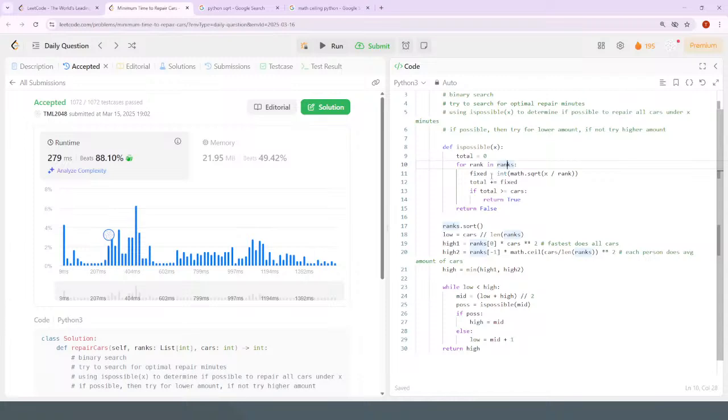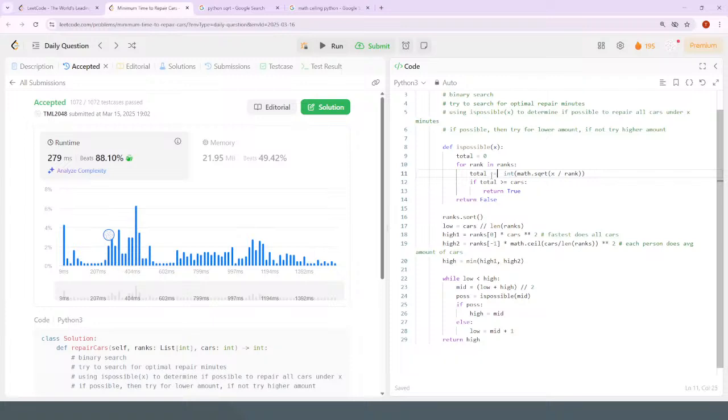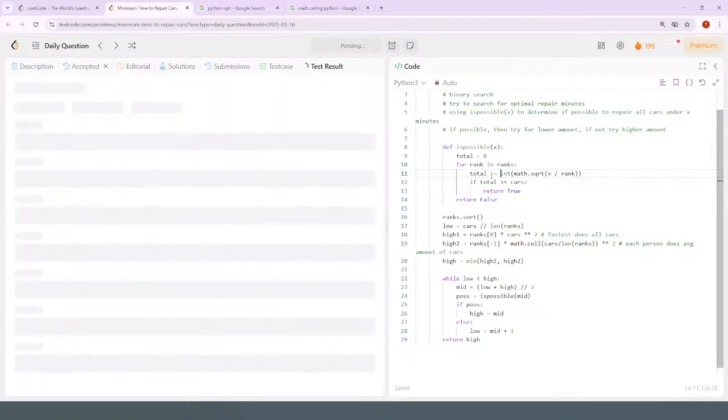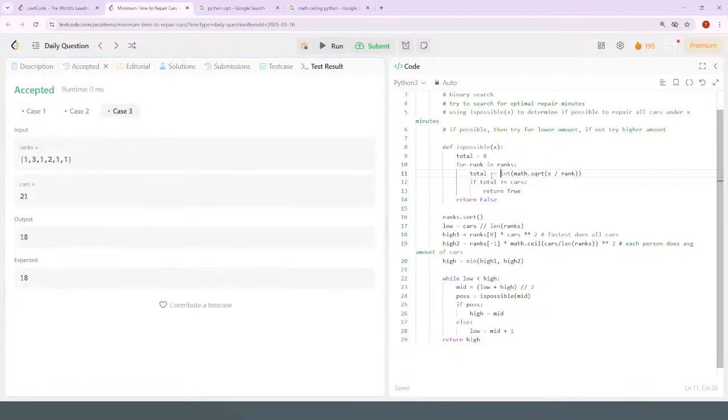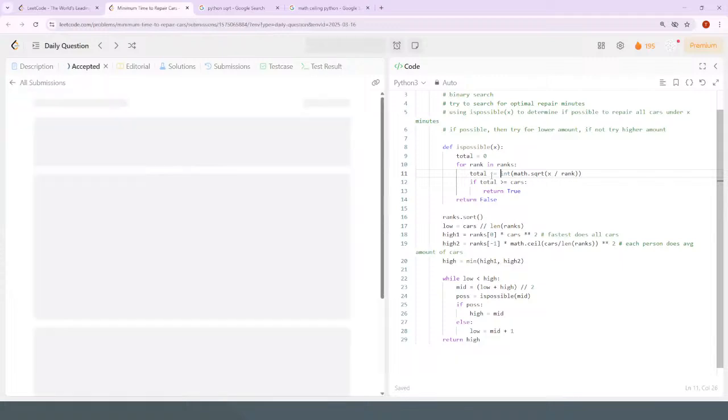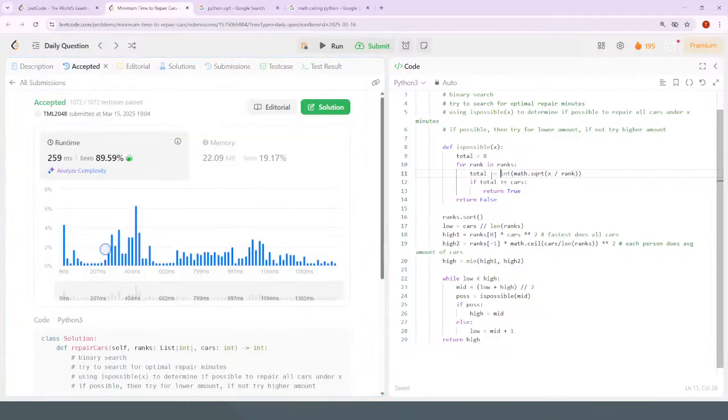I guess if you just did total plus equals this without doing an assignment, this is one less assignment each time. Very, very incremental improvement.